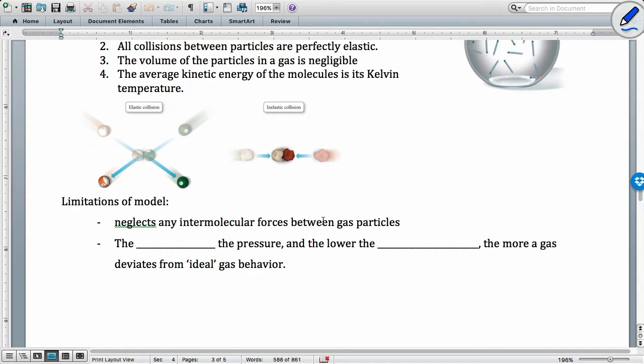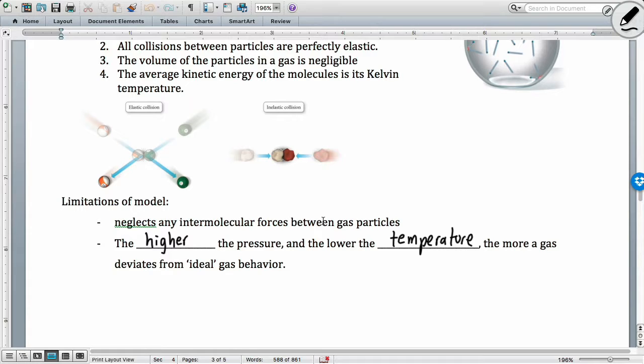Well, if it's low pressure, that means they're not running into things that often. So it must be under those high pressure situations that they run into each other. So the higher the pressure and the lower the temperature, the more a gas deviates from ideal gas behavior.